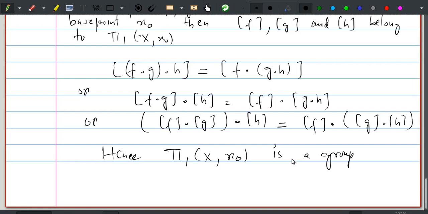Now this group is called the fundamental group of the topological space X with a base point x naught in X. So let us make this definition here.